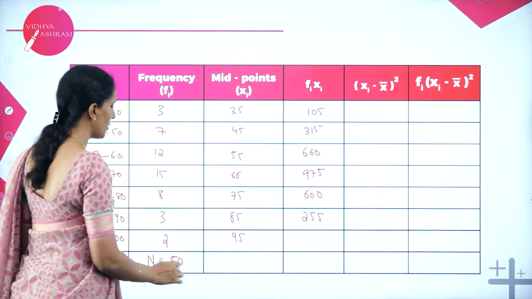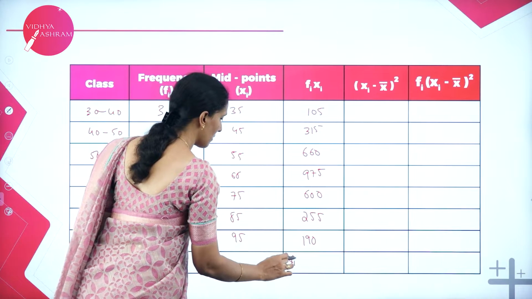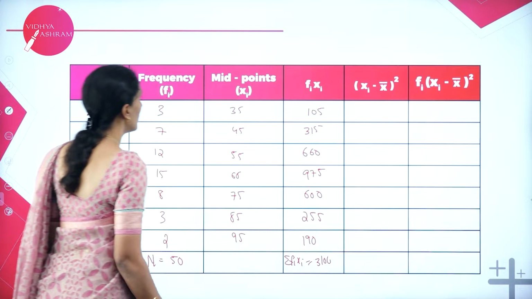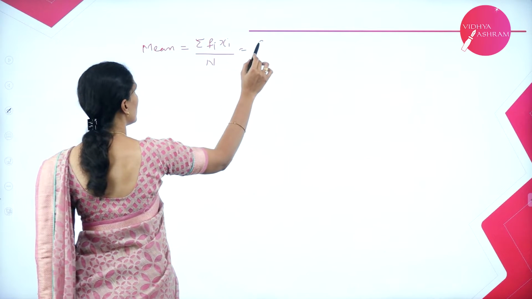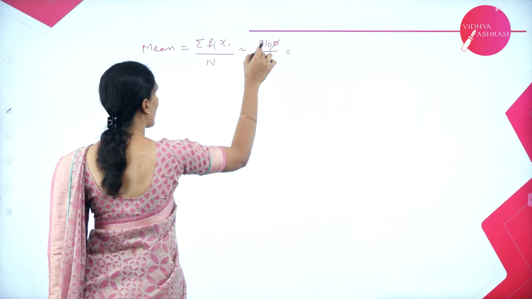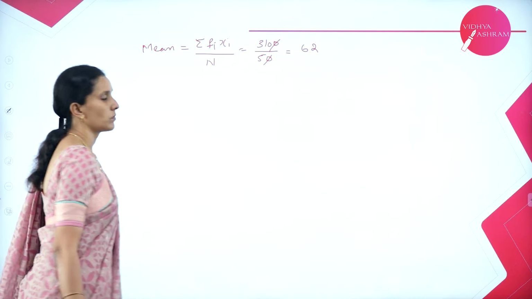Next, 95 into 2 is 190. Let's calculate the summation fi xi. The value is 3100. So let's calculate the mean. It is 3100 divided by 50. When you cancel this, the value you will get is 62.